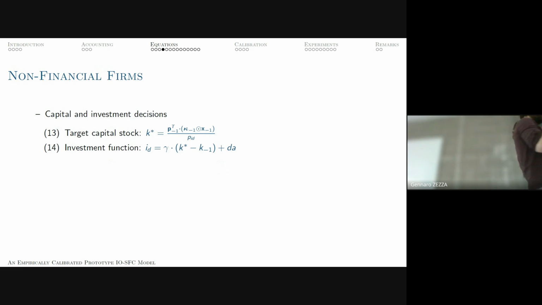Another possibly controversial aspect is about the investment function. So how do I have just one investment function for 163 industries? The answer is I have a target capital output ratio for each industry, and then I use it to calculate the kind of target capital stock for the economy.